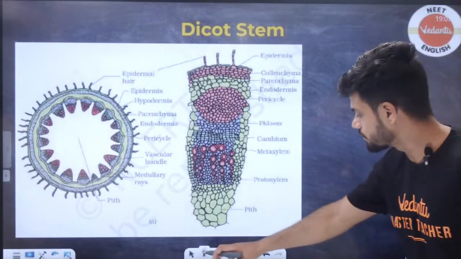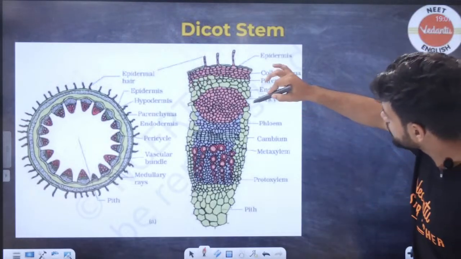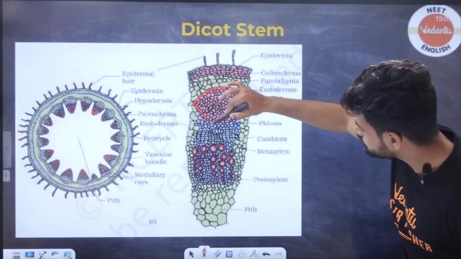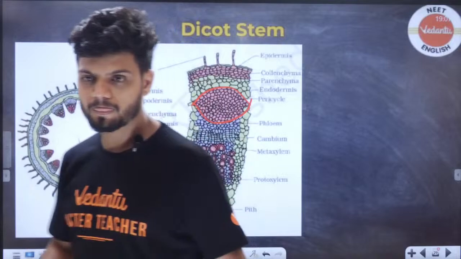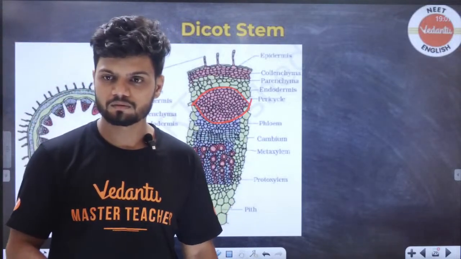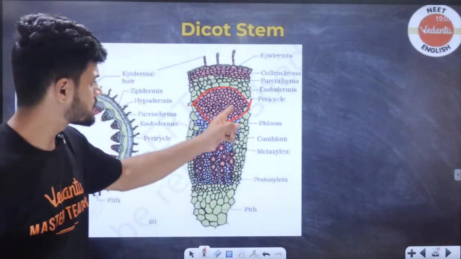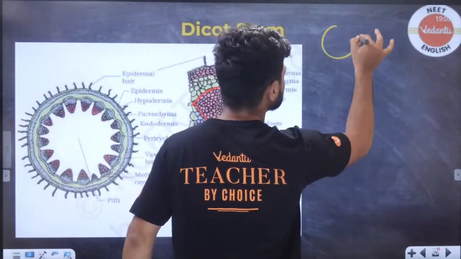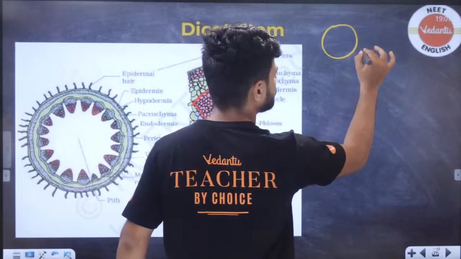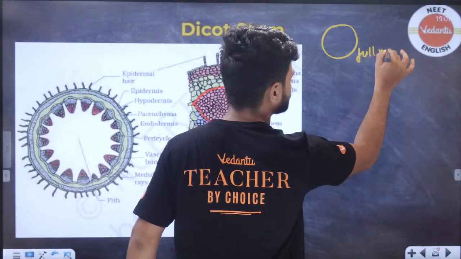Now, students, you tell me, all of you in the chat, which is the next layer? Do you see here? Which next layer do you see there? Tell me, students. All of you are aware, this is called as full moon.